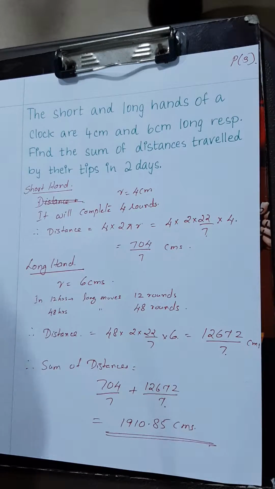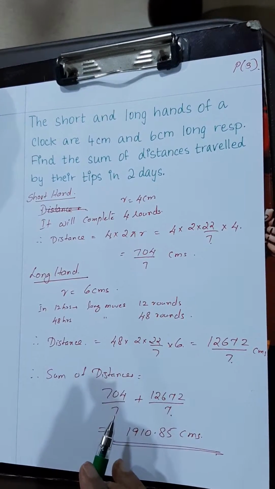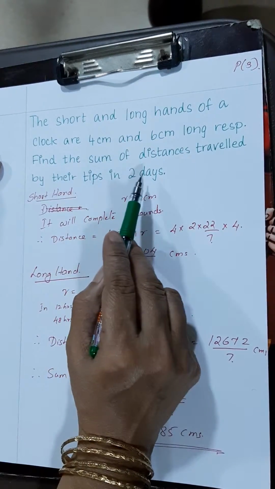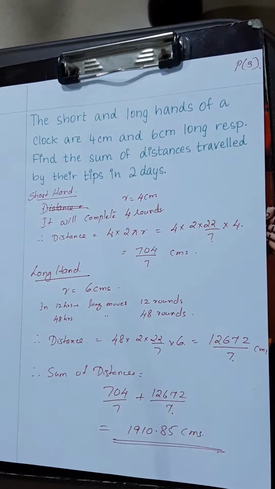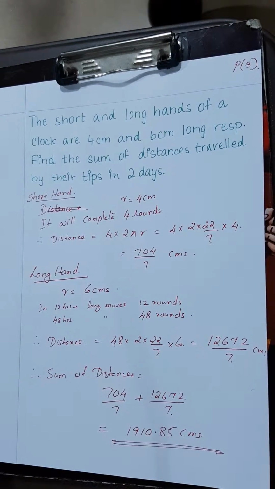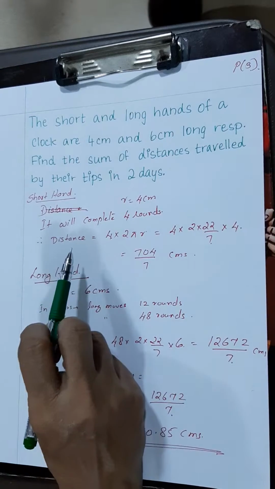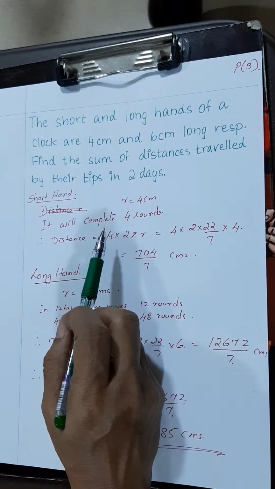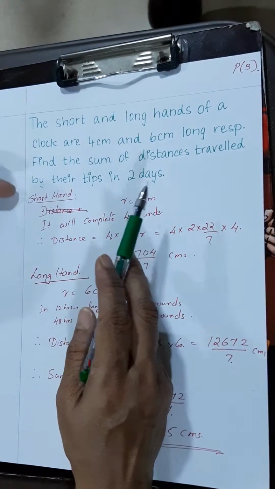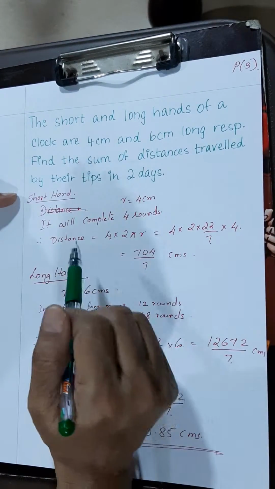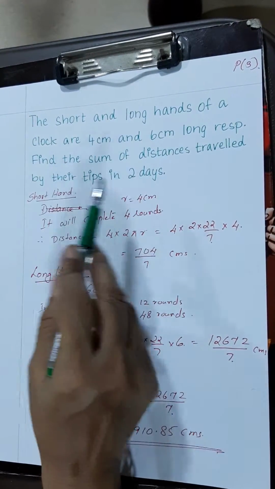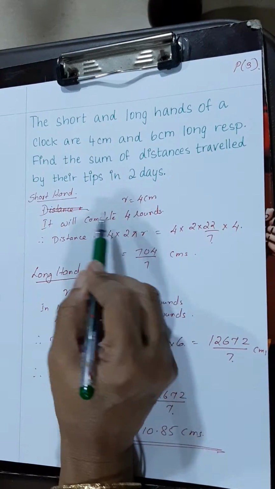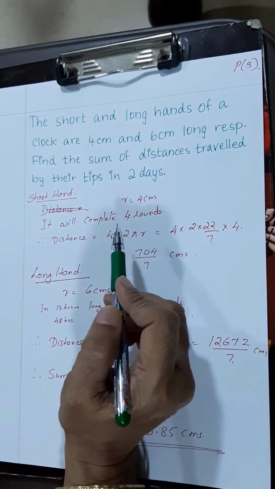The short and long hands of a clock are 4 centimeters and 6 centimeters long respectively. Find the sum of the distances travelled by the tips in 2 days. Here they have not given you any angles. It is covering the whole circle, so you have to find the total distance covered.